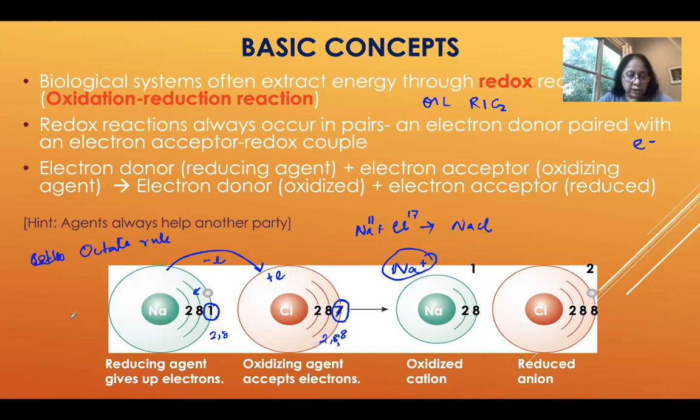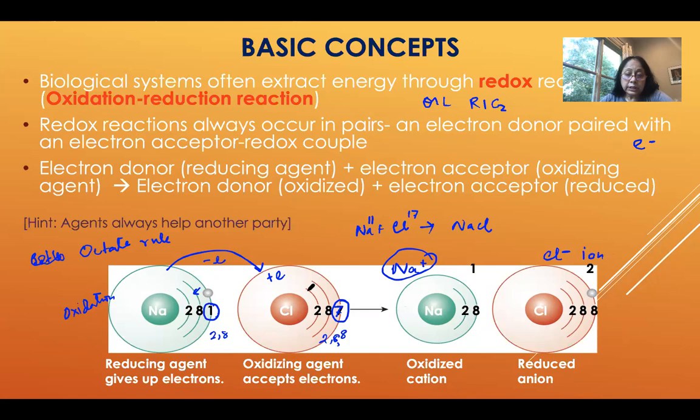So sodium donates 1 electron and converts into a sodium ion. That process is called oxidation. Okay. Now over here, chlorine is gaining 1 electron, meaning chlorine is gaining 1 extra negative charge. So chlorine is going to convert into a Cl minus ion.